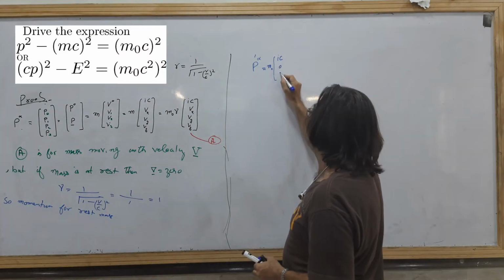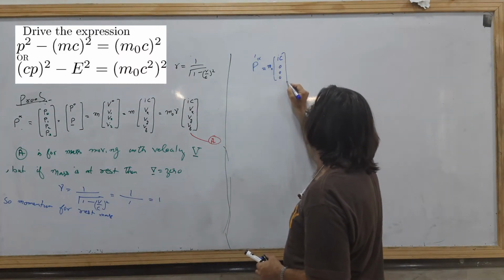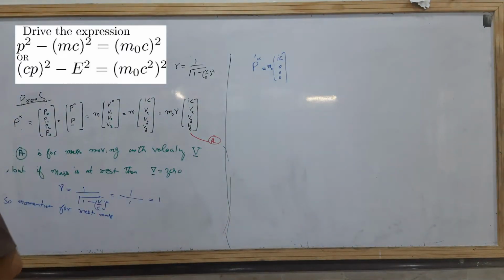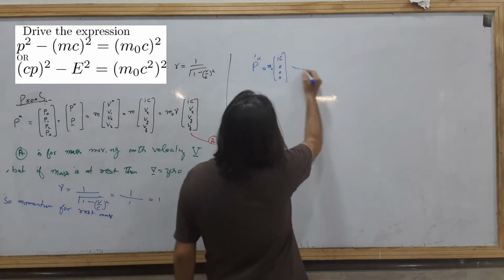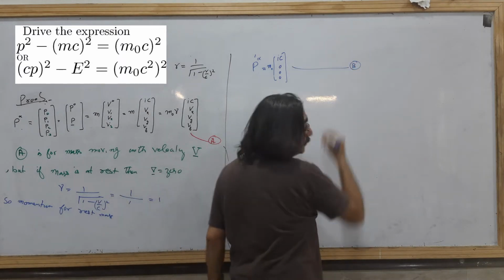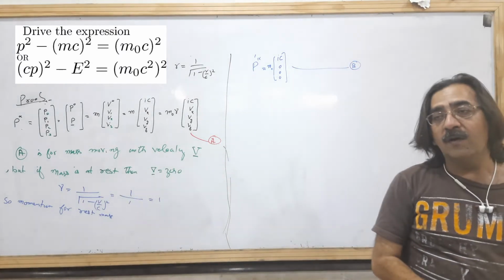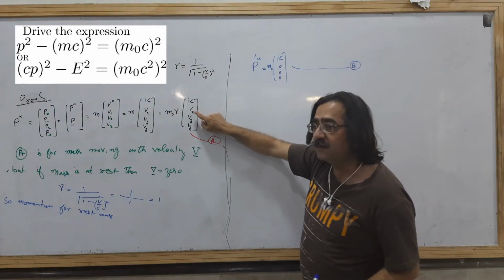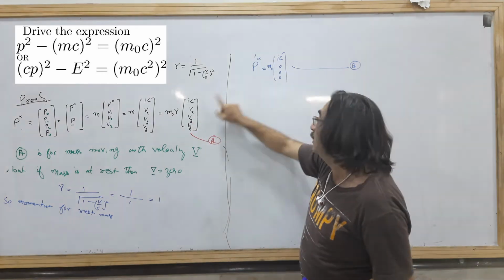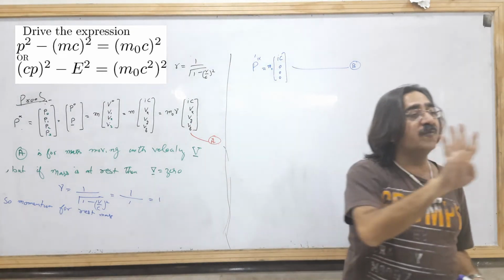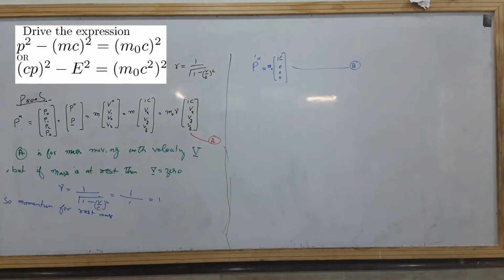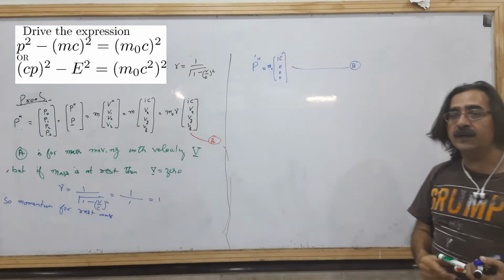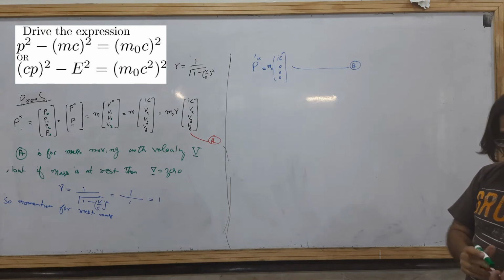So this will be 0, 0 and 0. Okay, got it? This will be relationship B. Velocity 0, 0, 0. So this momentum is not 0 in 4 dimensions because its time component will not be 0.